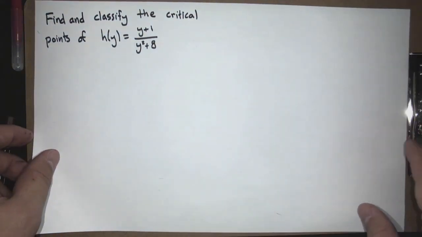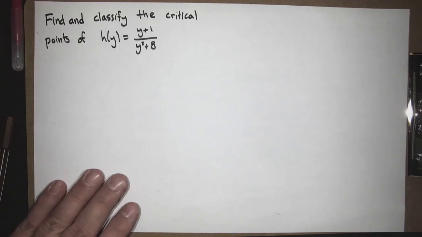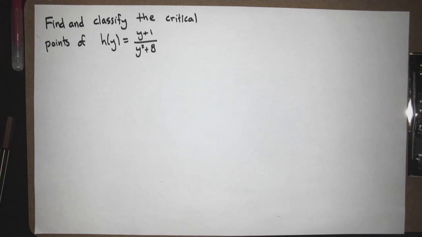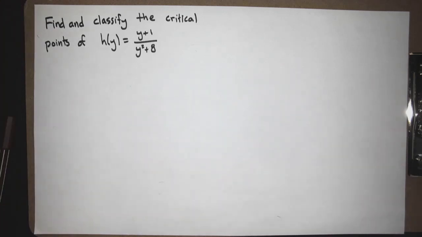All right. Let's start from scratch and do a problem where we find and classify the critical points of the function h of y equals y plus 1 over y squared plus 8. Okay, so for finding and classifying critical points, our first step, take a derivative. What rule will we need to take this derivative?